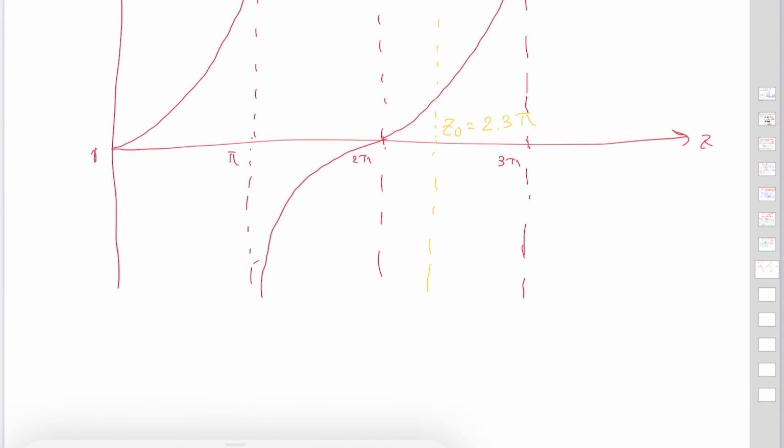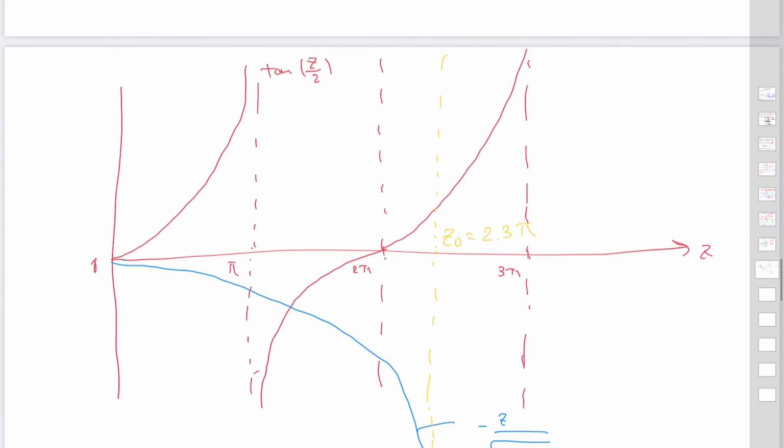Blue ones are expressed by these curves. This is minus g over the square root of g₀² minus g². Okay, so this cannot cross this line. The intersections between the two curves give us one of the solutions.